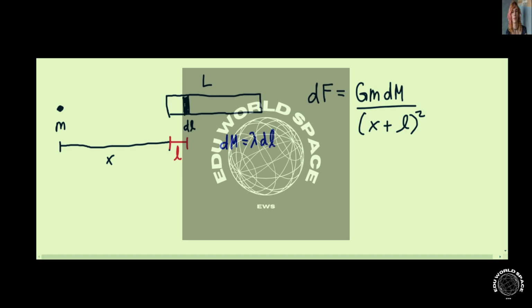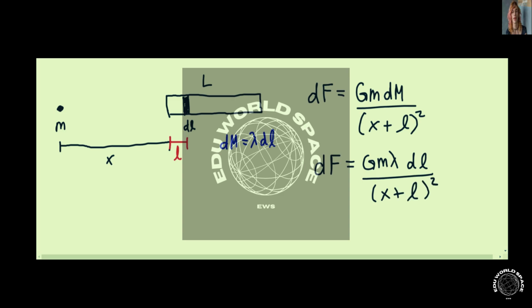So basically this formula is just a density times a distance that's going to give the amount of mass that's contained in the little piece dl. So once we make that substitution, that's very good because now we have everything in terms of l and we can do our integration.